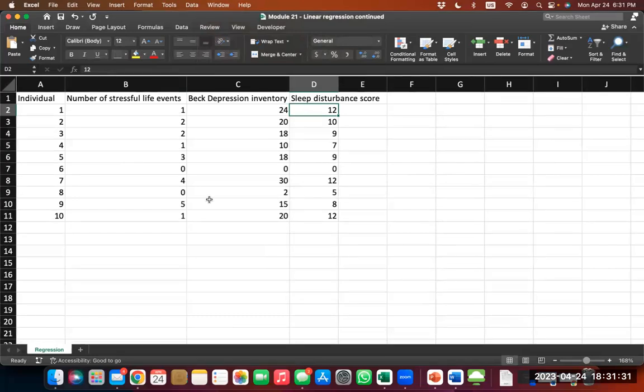You're now in college, so basically all of you have probably had sleepless nights, and we know how debilitating it can be to not have a good night's sleep. So a sleep disturbance score is a potential contributor to depression. That makes causal sense, and we will find out whether it also makes statistical sense.